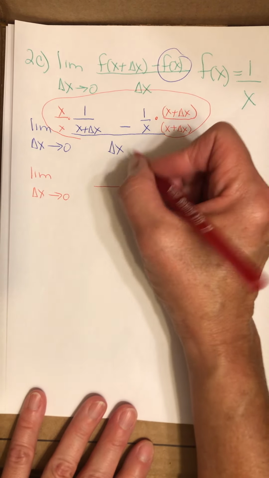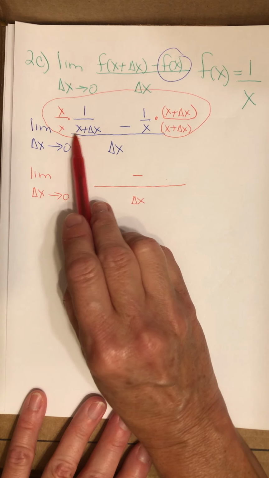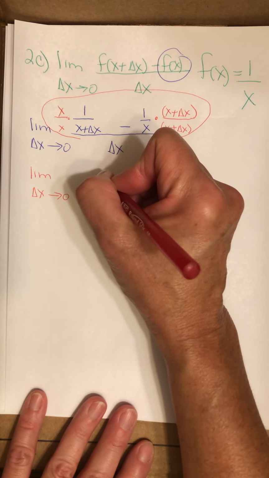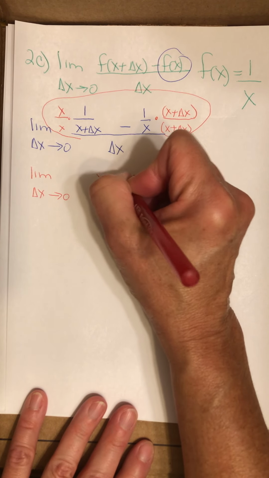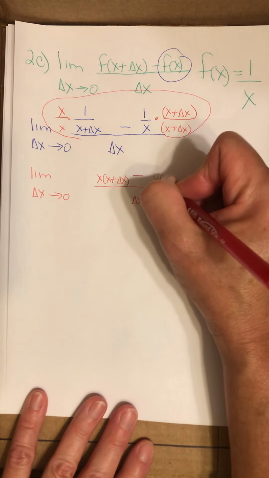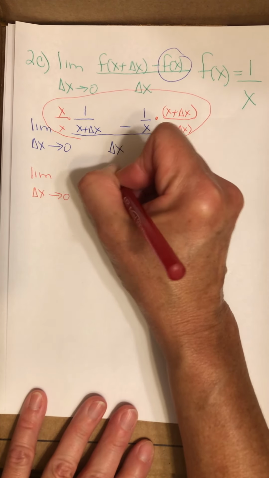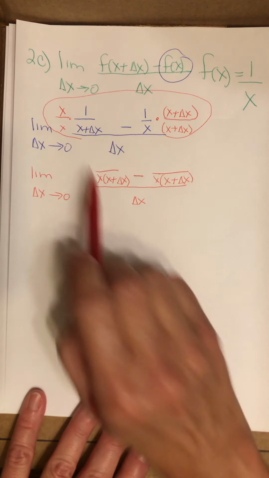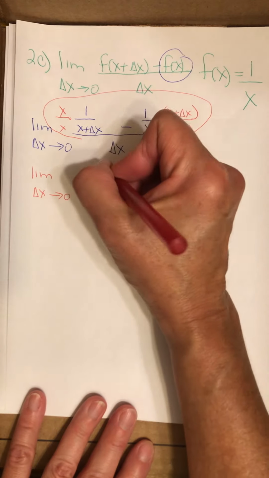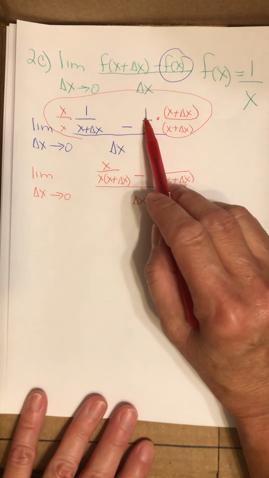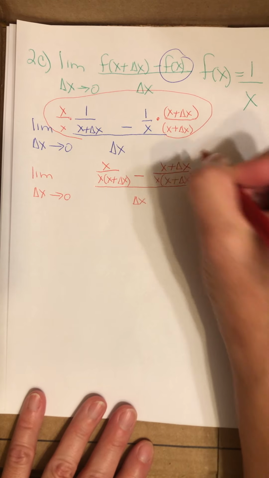I am going to put my minus sign and I am going to write the common denominator that I now have: x times x plus delta x, x times x plus delta x. Now I'm going to write my new numerators. My numerator is x times 1 is x, and here is x plus delta x.